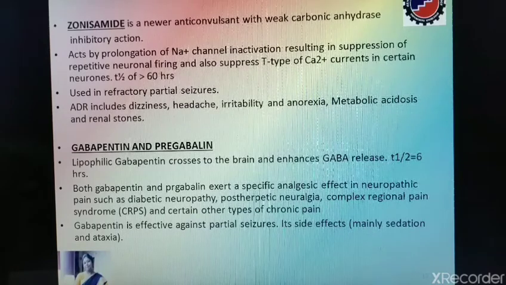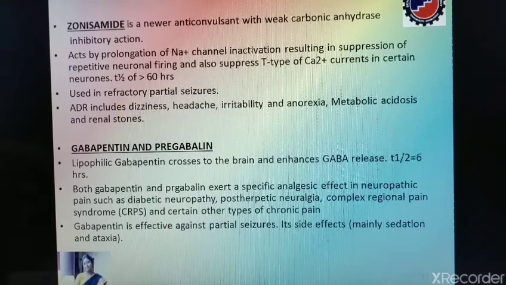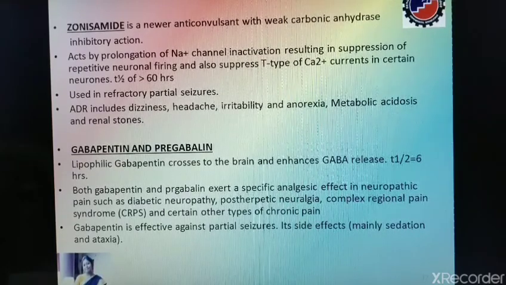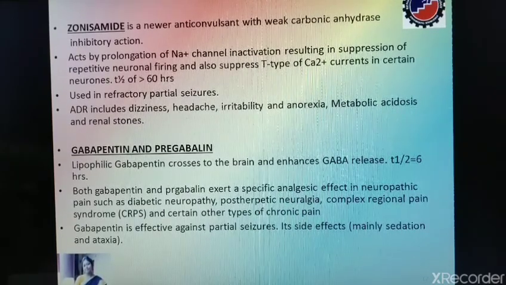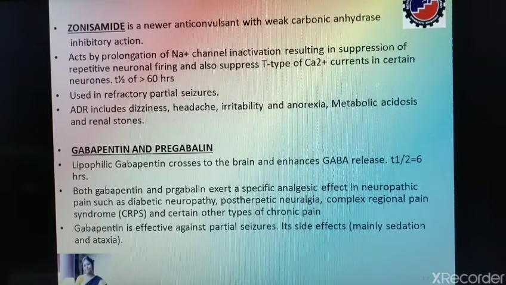Pregabalin is found to be more potent than gabapentin but otherwise similar. These drugs, as they are excreted unchanged in urine, must be used with care in patients whose renal functions are impaired. So, with that we come to the end of the discussion on anti-epileptic drugs.